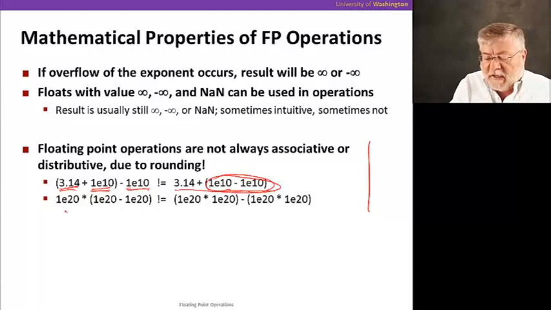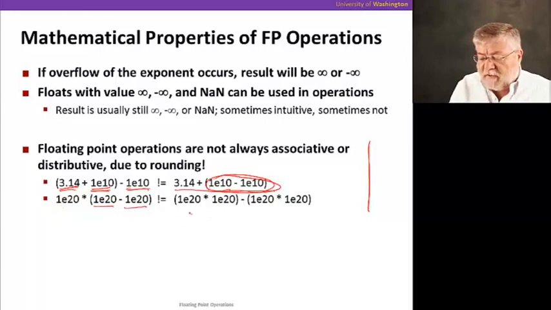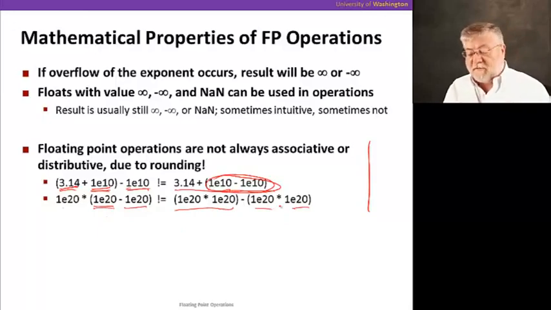Another example is when we have multiplication. Again, we take a large number and subtract a large number. That's a 0. So when we multiply that 0 times a large number, we'll expect to get a 0 result. However, if we do this operation just applying the distributive law, first we multiply the 1 times 10 to the 20th times the first number in the parentheses, and then we multiply it times the second number in the parentheses before doing the difference.